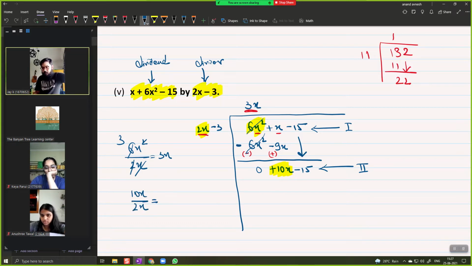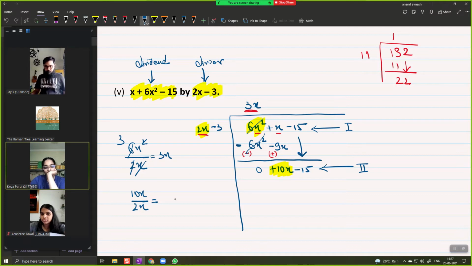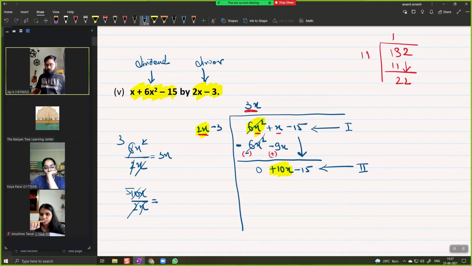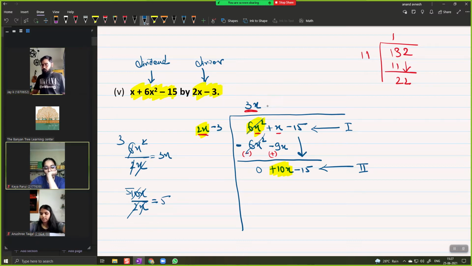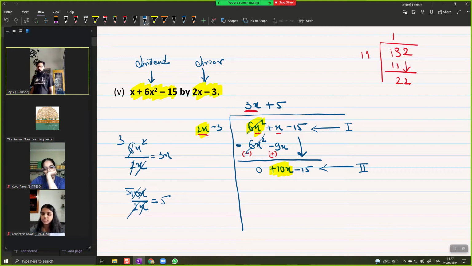Can anyone tell me the answer? 10x divided by 2x. Yes? So 5. Yes, x and x will cut. 2 5s are 10. So the answer is 5. So you will write plus 5 over here with its sign.